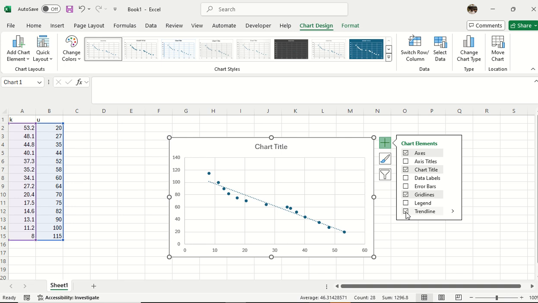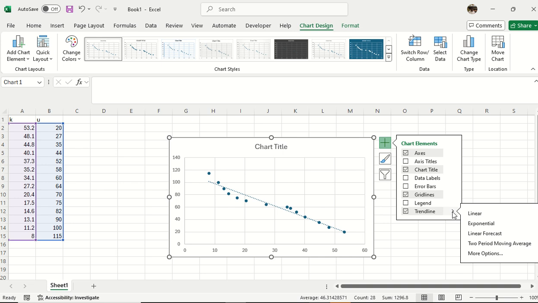When you click on the trend line, the line appears, but the equation will not appear. So how do we get to the equation? You can look for more options. First you do the trend line, then you go in more options of the trend line.